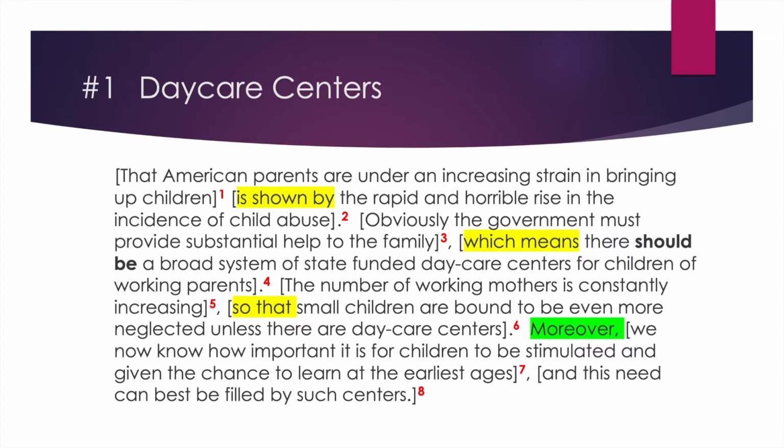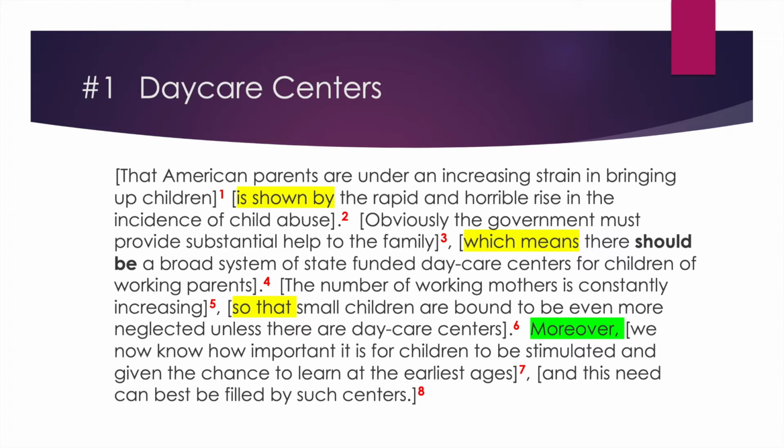So let's continue on. We look now at the next sentence. "The number of working mothers is constantly increasing so that small children are bound to be even more neglected unless there are daycare centers." So we have a third sentence, but 2 more assertions linked by the indicator "so that." The number of working mothers is constantly increasing.